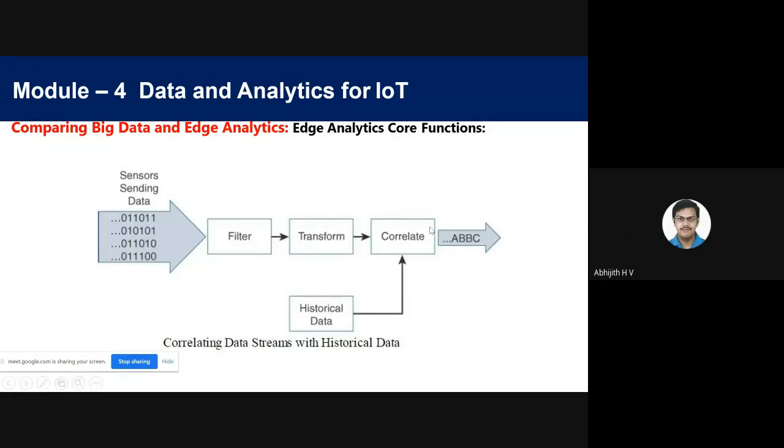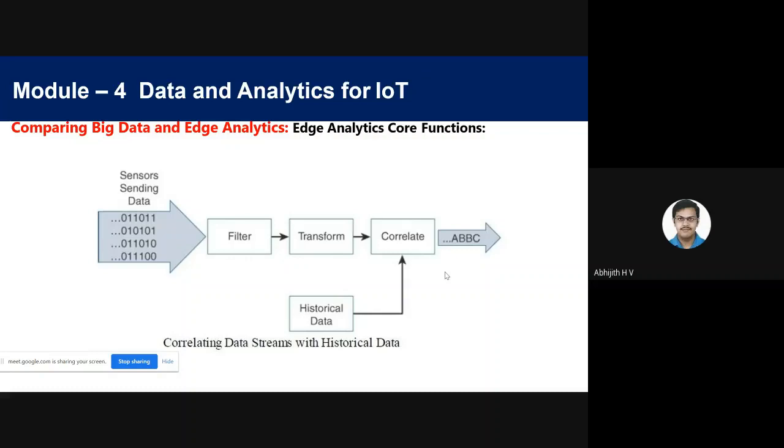If everything is fine, you can take the decision here itself, or you may forward the first level analysis to the cloud. You can perform further analysis at the cloud and store all this information there. Whatever you want, you can do. You can stop here only, or it may be forwarded to the remote server. So first level processing is done at the edge node itself. We call this edge computing.